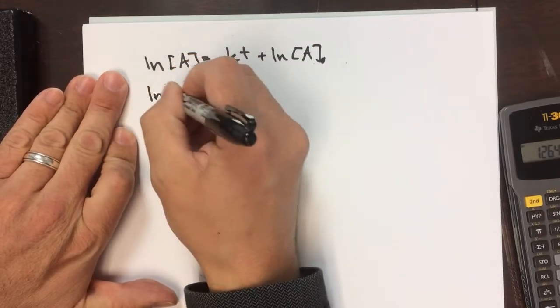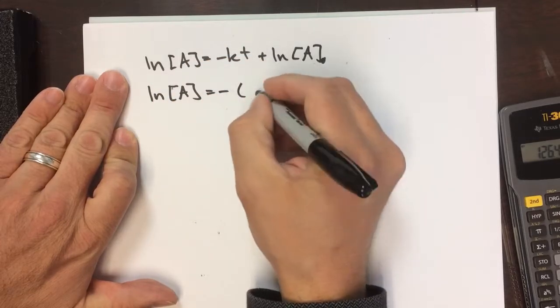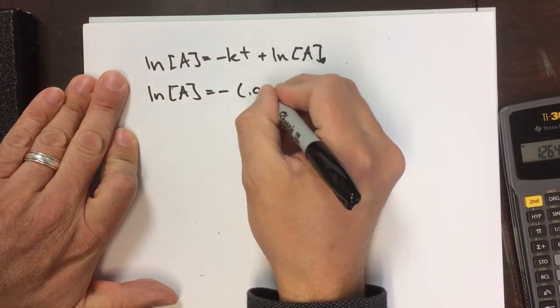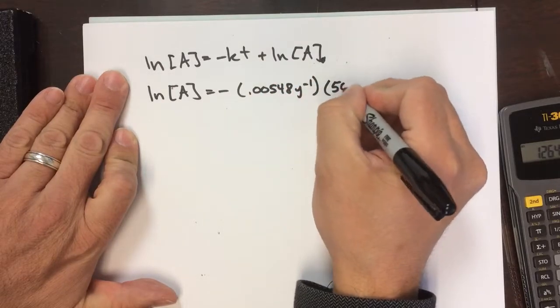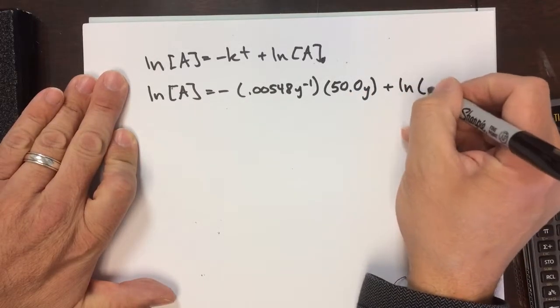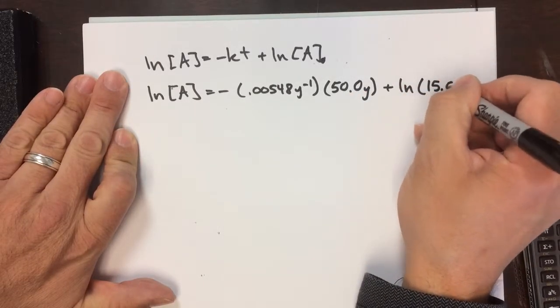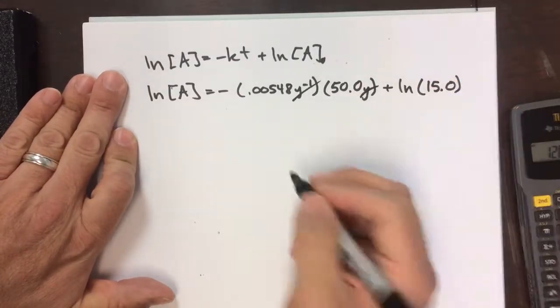And we want to know how much, so ln of A is our unknown. We know K now. This time we're plugging in for 50 years. And again, our original amount was 15 grams. Notice that years and inverse years cancel each other out.